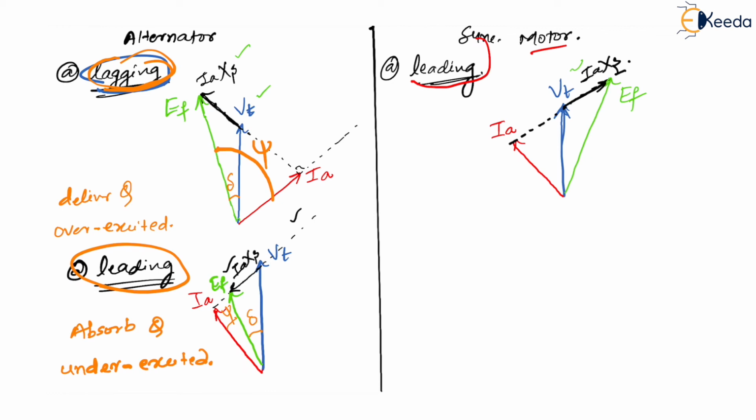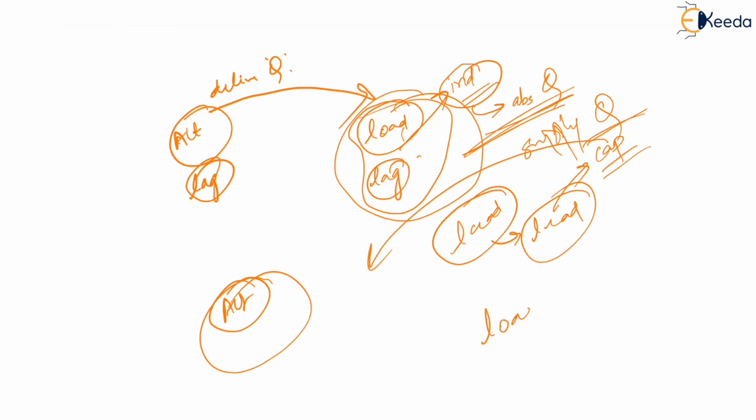Yes. Problem solved. Now again, let us think of angles. The angle between this VT and EF is going to be delta, and the angle between this IA and EF is going to be psi. We have seen that in the triangle. Now, if the motor is operating at leading conditions, what will happen? Motor is the load.